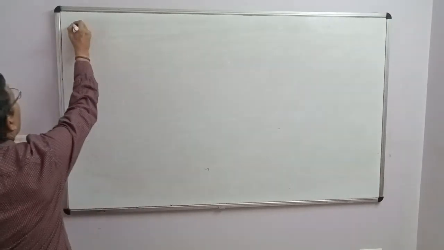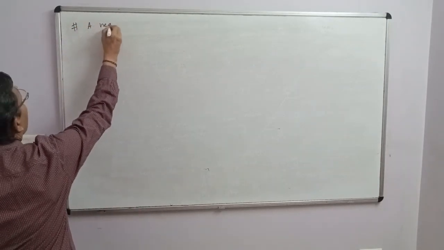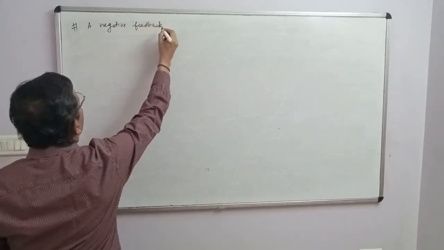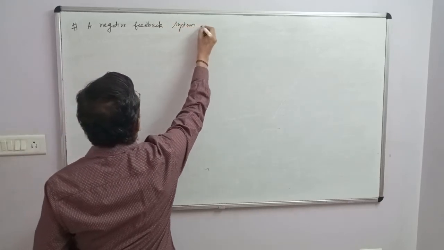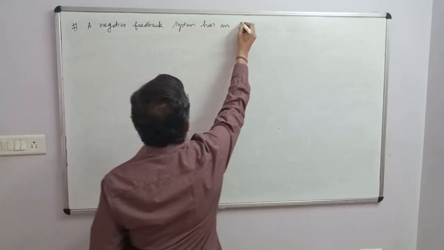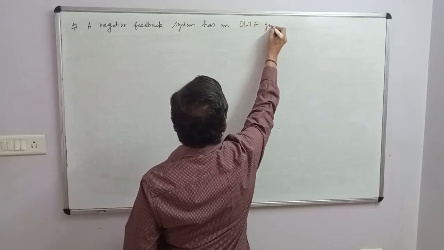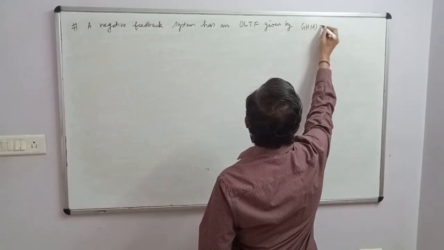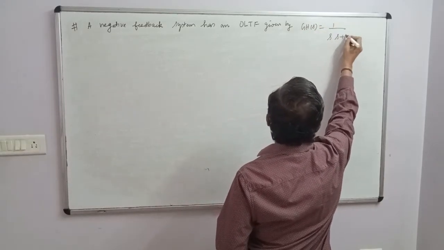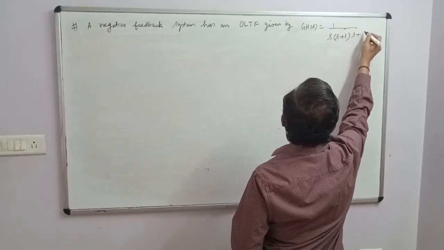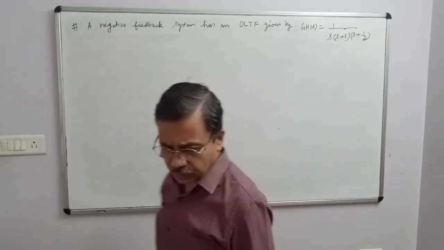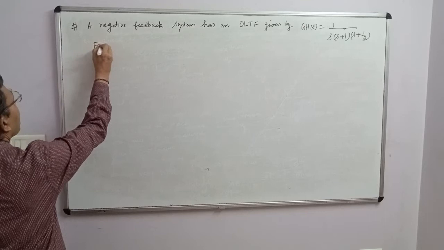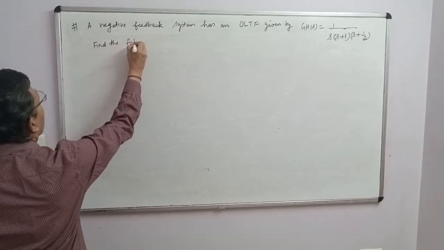Take this problem. A negative feedback system has an open loop transfer function, OLTF meaning open loop transfer function, given by GH of s equals 1 over s into s plus 1 into s plus half. Find the following.